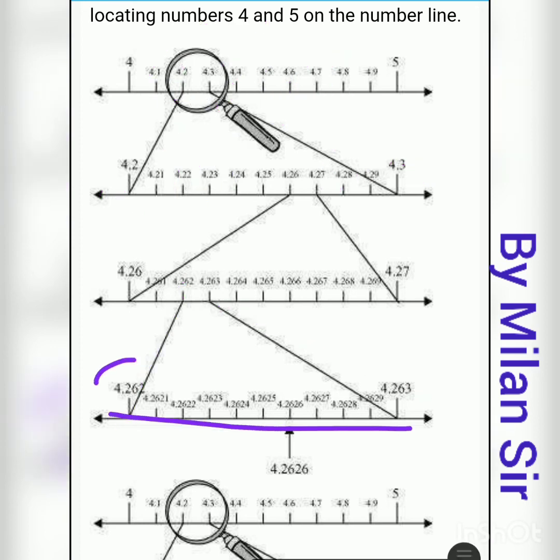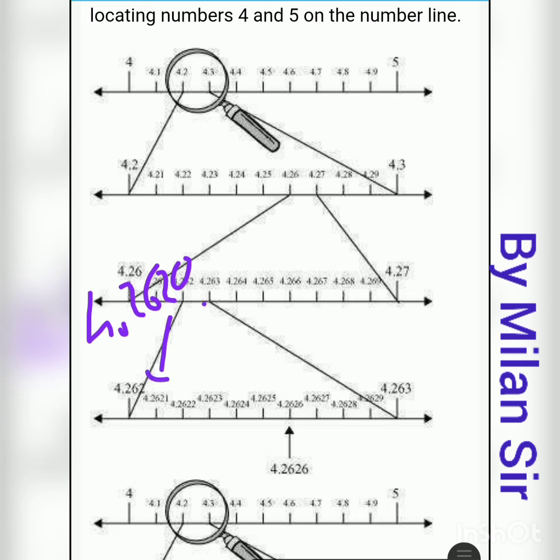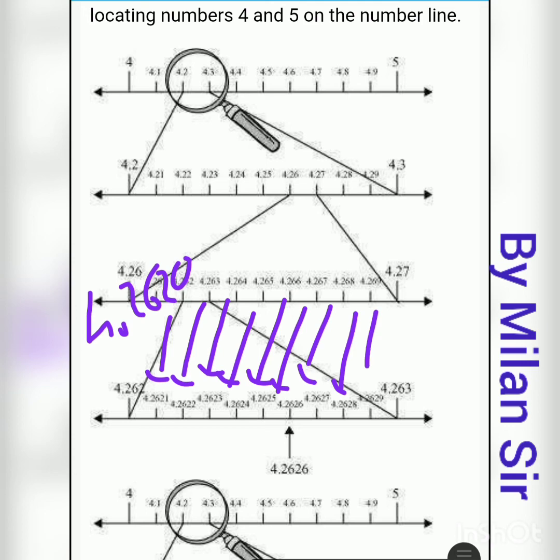Here 4.262 and 4.263. 4.262 means 4.2620, right? After that 4.2621, 4.2622, 4.2623, 4.2624, 4.2625, 4.2626, 4.2627, 4.2628, 4.2629 and 4.2630, which means 4.263.